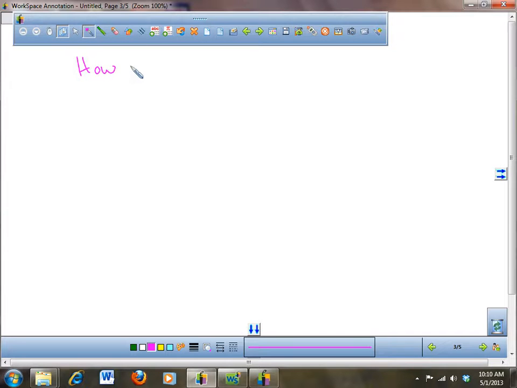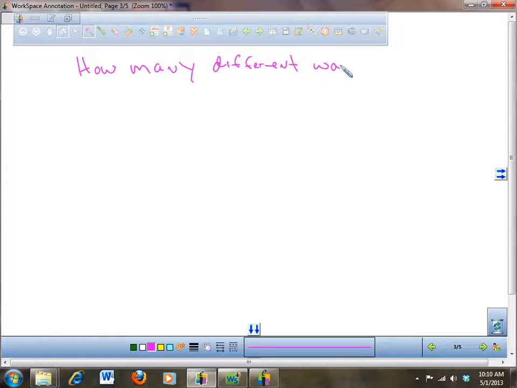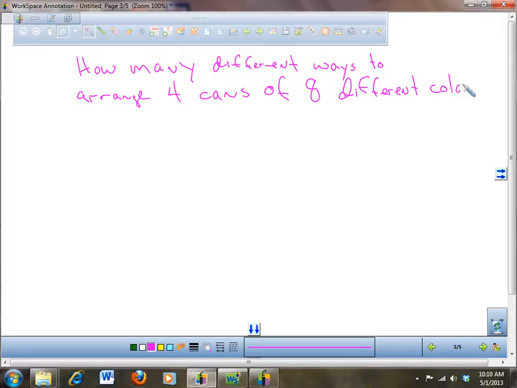How many different ways to arrange 4 cans of 8 colored paints on the shelf.